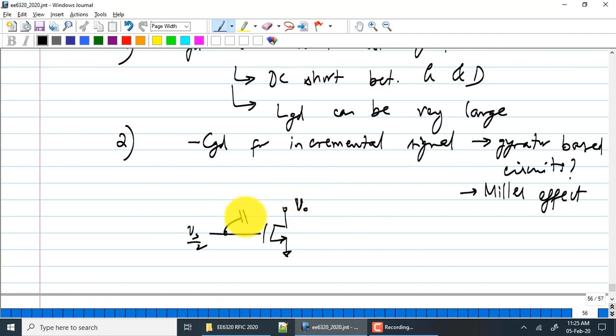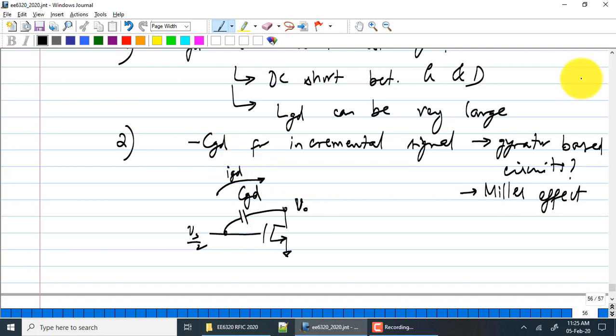So what you have here, okay, now if you were somehow able to inject a current equal in magnitude but opposite in direction to the output nodes and or the input nodes, then you would negate the effect of this CGD. So the CGD is causing some current to flow like this, I gate drain like this.